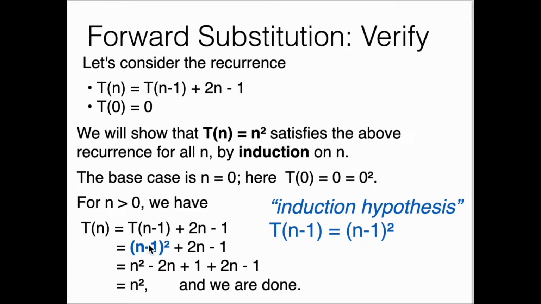By manipulating this, wala na tayong something of the form T of something sa formula. We can simplify this expression by doing some algebraic manipulation. If we assume that this is correct, and we replace this by the original recurrence formula, and we arrive doon sa final guess natin, then we're done.